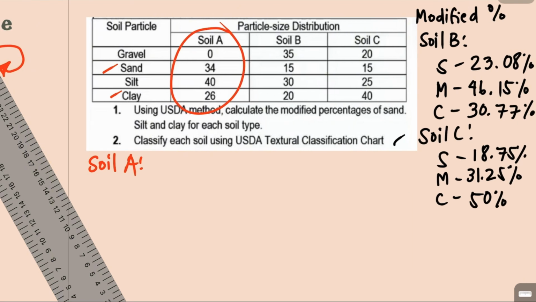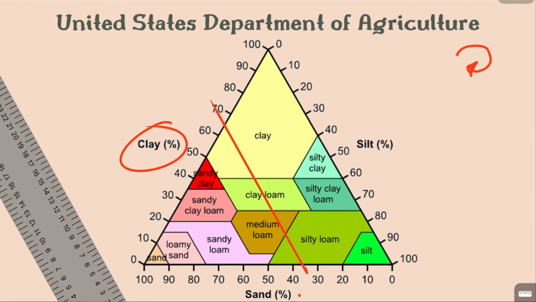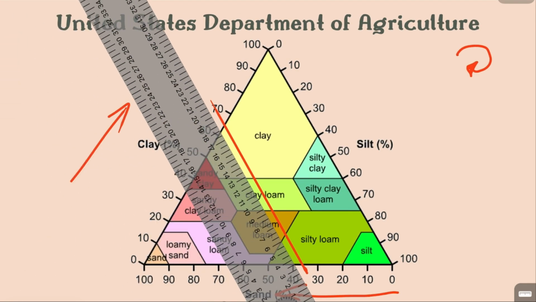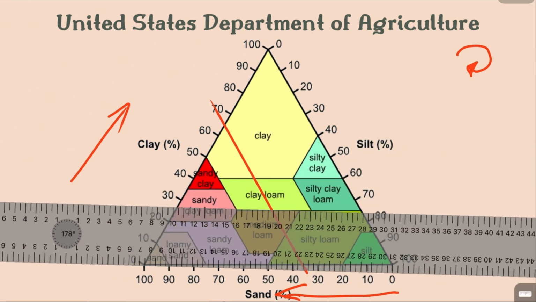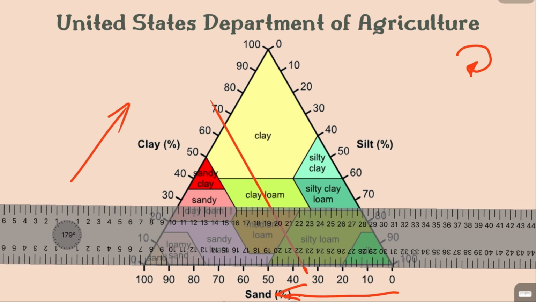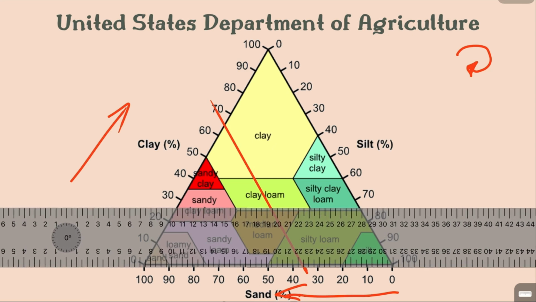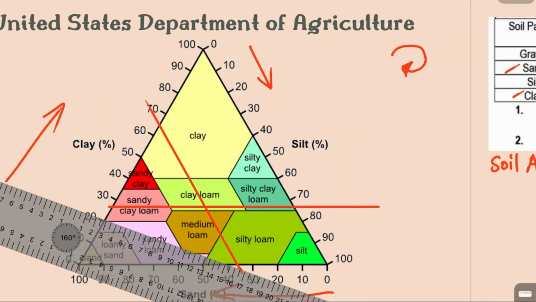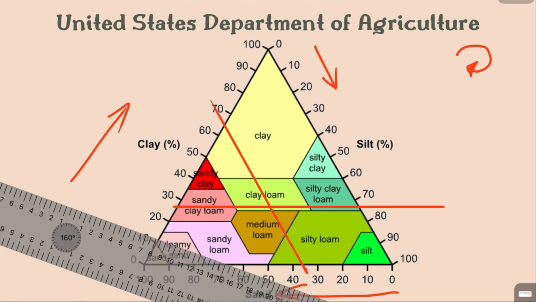Then let's move on to clay. Clay is 26%. So let us graph 26% on the number line of clay. Starting from this point to this point, we are following the clockwise motion. 26% is right about here. Let's draw a line. Now, following the clockwise motion, we are about to check the silt percentage. That's 40%.